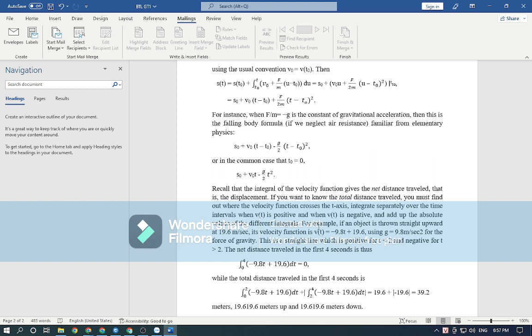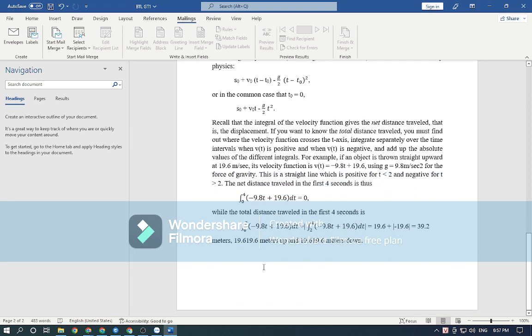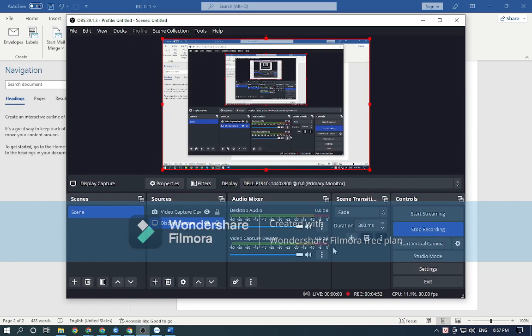Then we have S(t) equal to S0 plus V0 times (t minus t0) plus F divided by 2m times (t minus t0) squared. For instance, where F divided by m equals minus g, the constant of gravitational acceleration, this is the following formula for a falling body if we neglect air resistance, a formula from elementary physics, or in the common case that t0 equals 0.